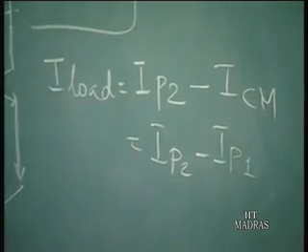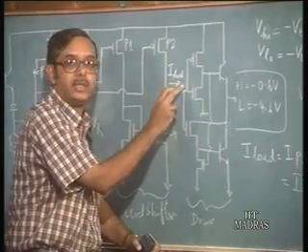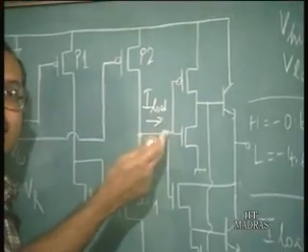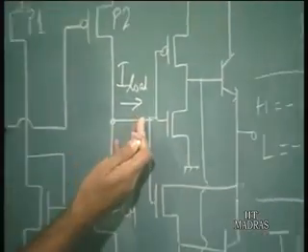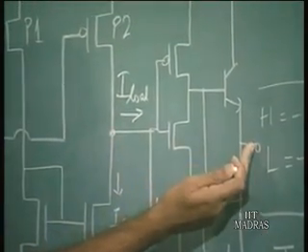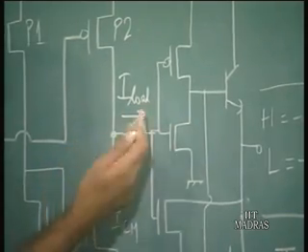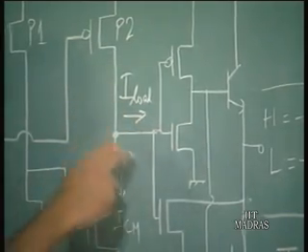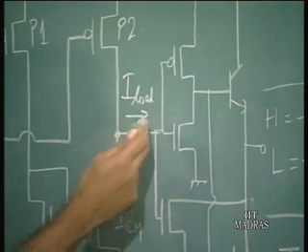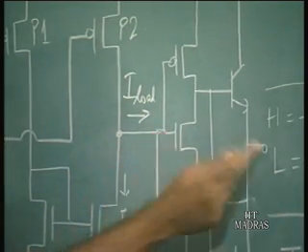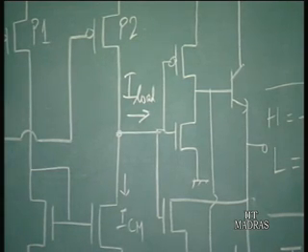If I load is positive, a current flows into the input of this BiCMOS inverter and charges the input capacitance. That is a logic high at the input, so the output is going to be low. On the other hand, if the I load is negative, it is discharging the input capacitance of the BiCMOS inverter, so the input is construed as a logic low, which means that the output is going to be taken as a logic high.